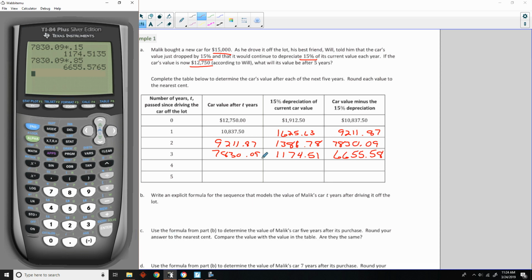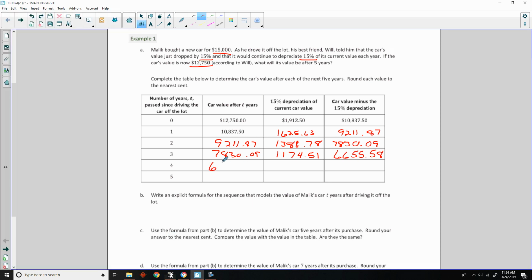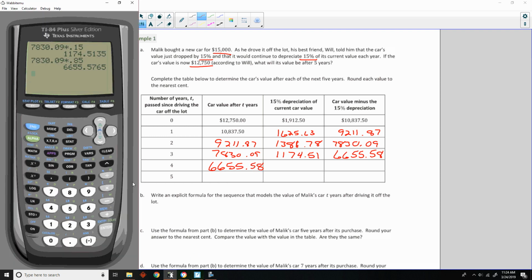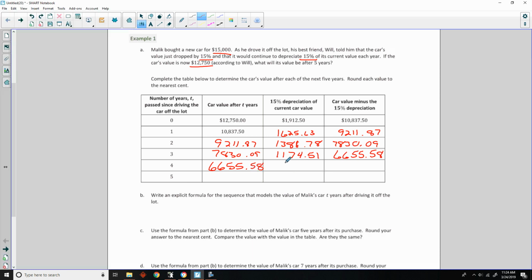So that will be copied over here. 6655.58. And I need to multiply that times, I don't want to use the rounded, so 6655.58 times 0.15 equals 998.34.